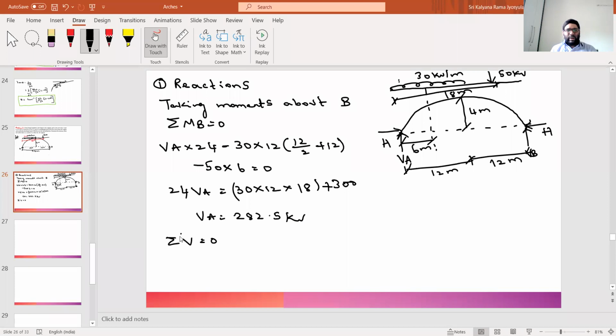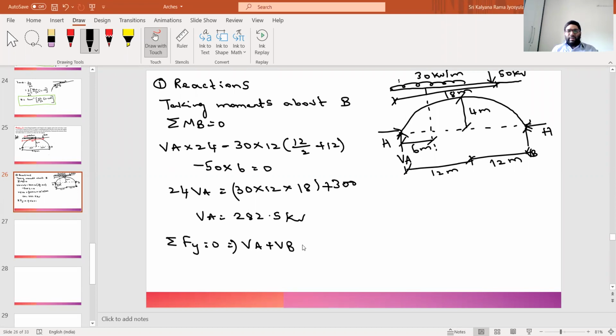Sigma Fy. In fact, we have the terminology Fy, right? So let us take sigma Fy is equal to 0. So what will be the total load? VA plus VB is equal to 30 into 12 plus 50.